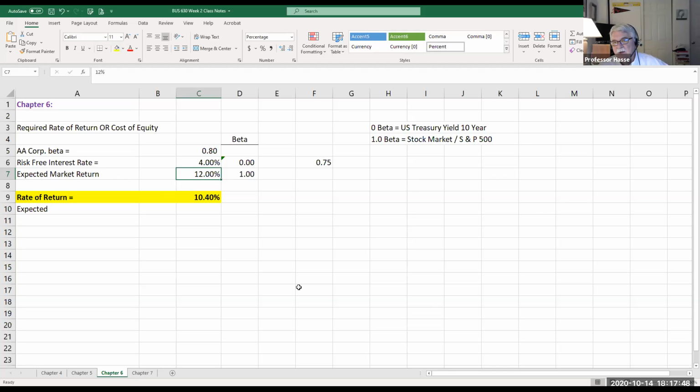Matter of fact, right now, I'll be perfectly honest with you, 85% of my investments are in the risk-free interest rate category. I'm making about 1% or 2% a year. Why? I don't want to lose it. I don't care about inflation. Hell, I'm going to die in 5 years. What do I care about inflation? I don't want to lose my principal. So I'm really risk averse. I'm not going to get into anything.